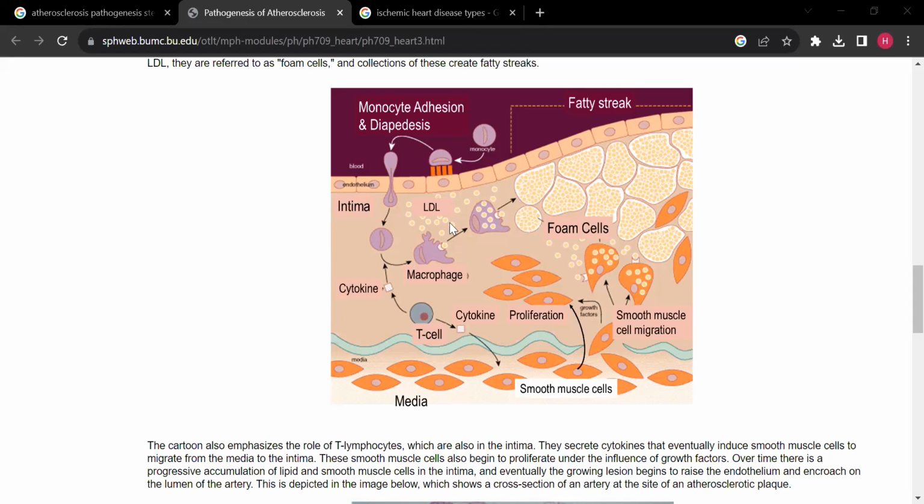Remember, nitric oxide is a vasodilator, but now that there's inhibition of nitric oxide, there won't be that vasodilation. Yeah, so that is what atherosclerosis is. Any questions?